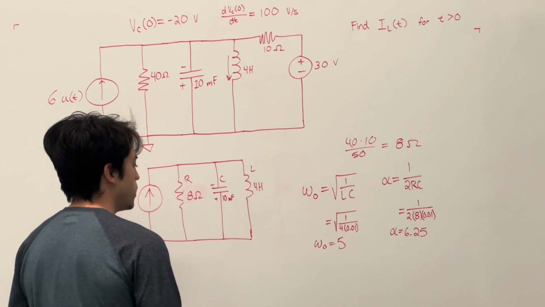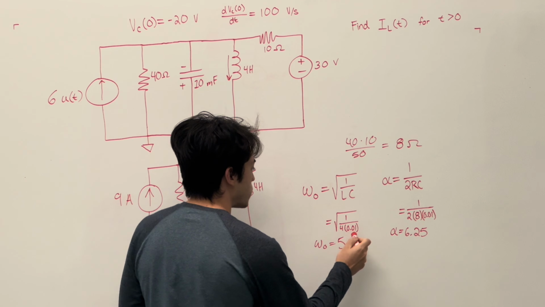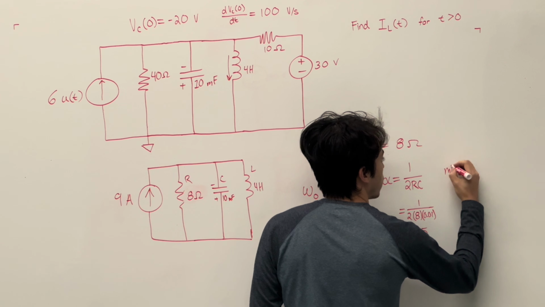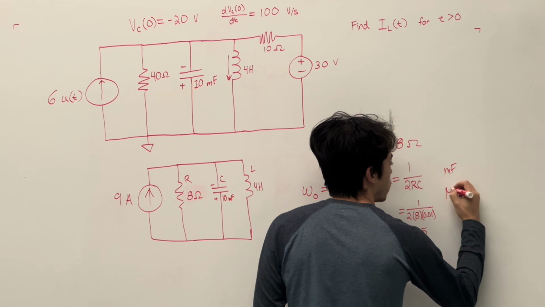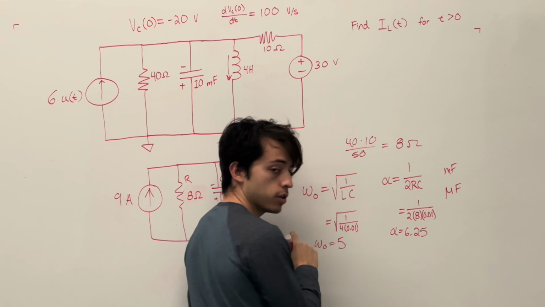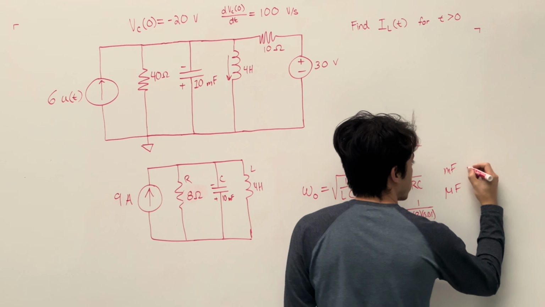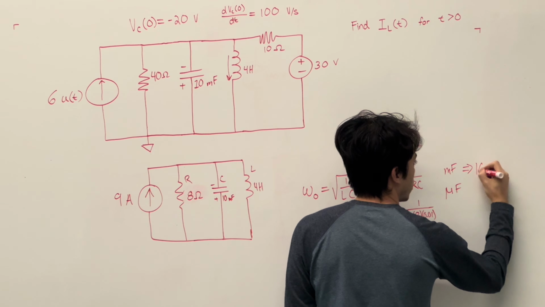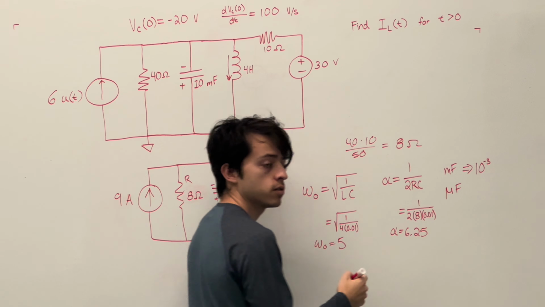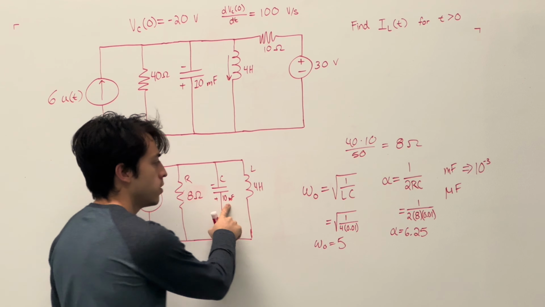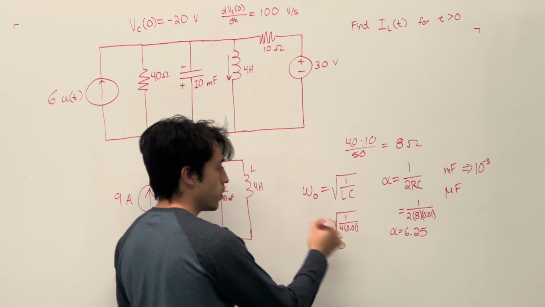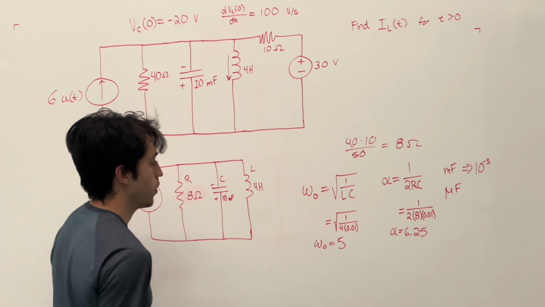Now, pay attention that when you're making these calculations, the difference between millifarad and microfarad. Millifarad, which is what we're dealing with here, corresponds to 10 to the negative 3 farads. So you'll see that 10 millifarad came out to be 0.01. So convert all your units to their bases.